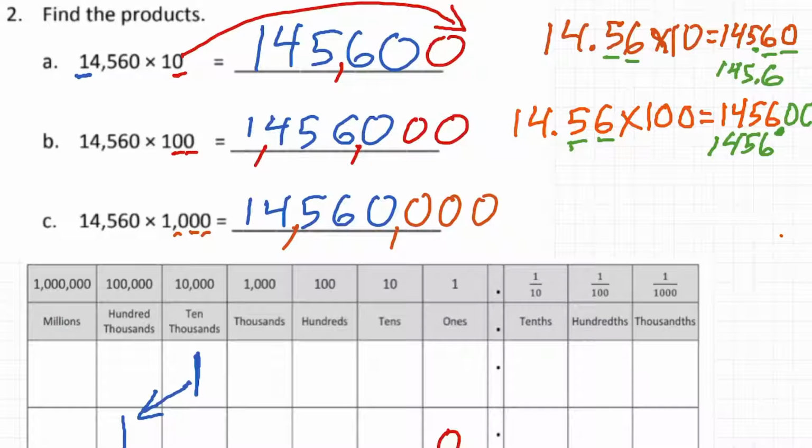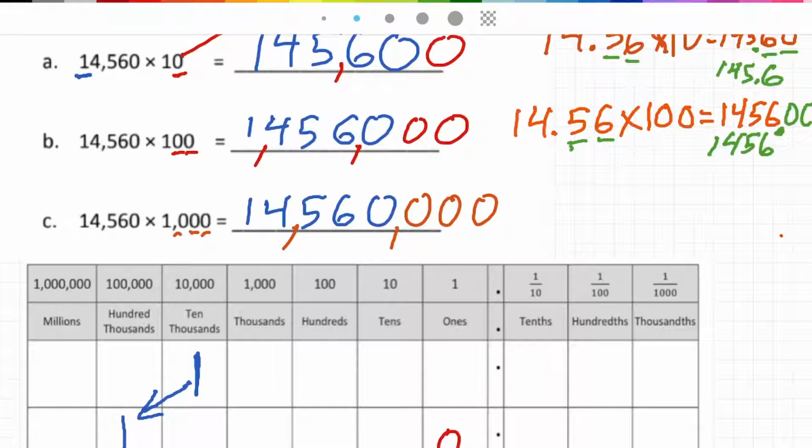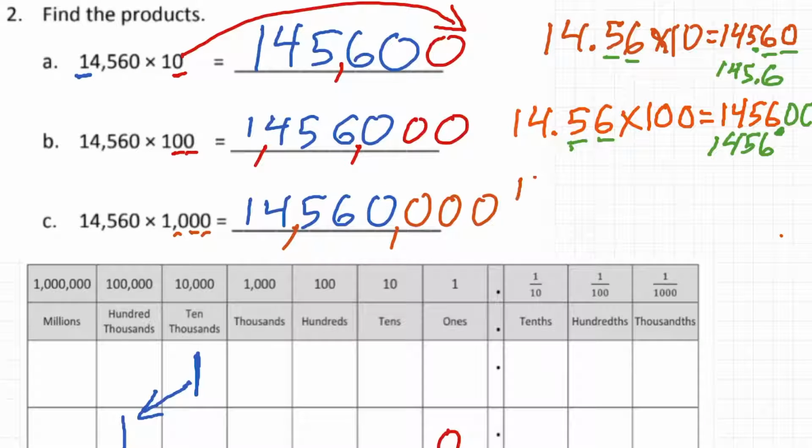If you see the pattern, then you know that the answer to this next one is already on the screen. Again, we copy down the numbers. Forget about the decimal right now.